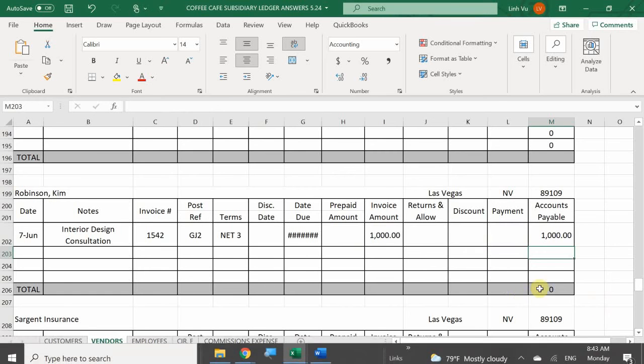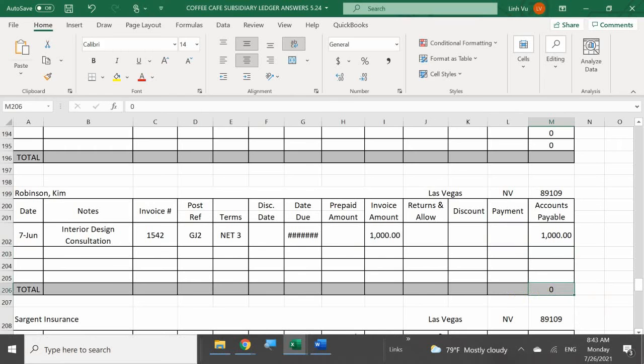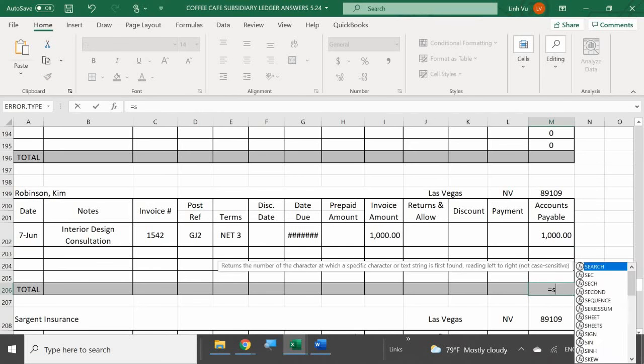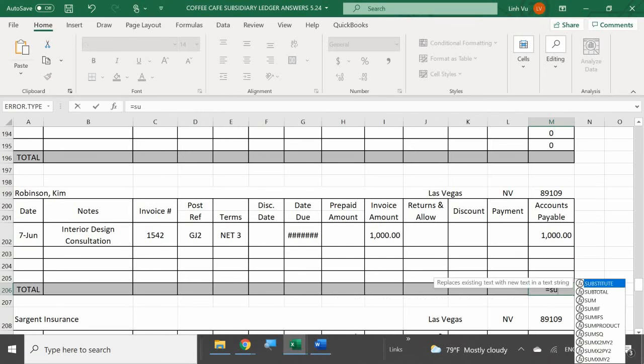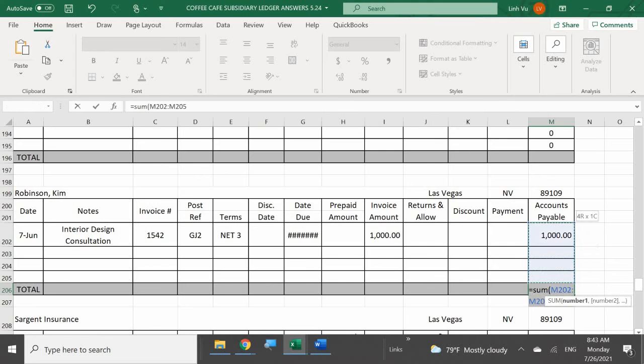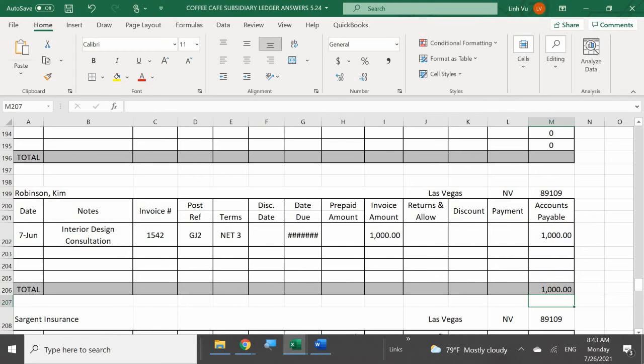This down below here is going to be an equal sum of all the invoices that you have here. So right now, I owe Kim Robinson in grand total $1,000.